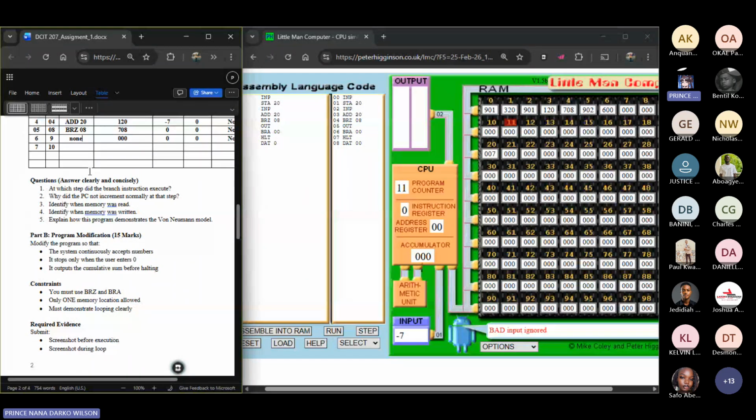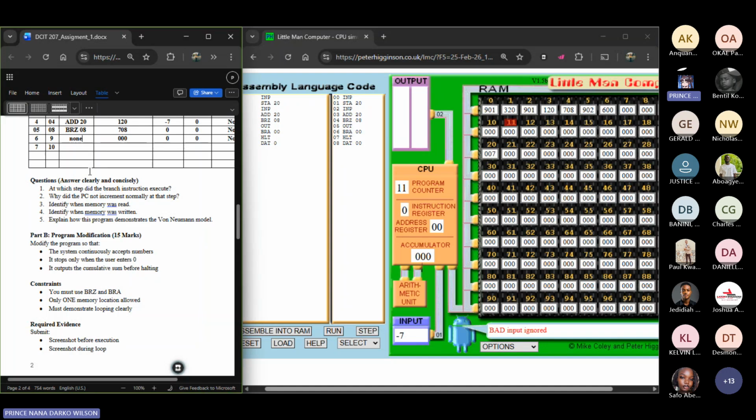Explain how this program demonstrates the von Neumann model. The von Neumann architecture is all about how programs, instructions and data are all held in the same memory space, and the CPU uses these same addresses to execute the programs.